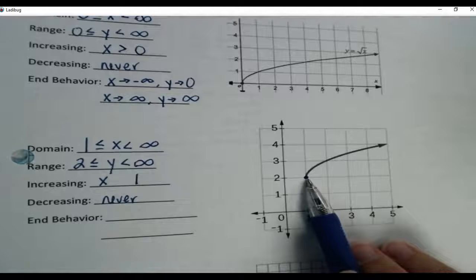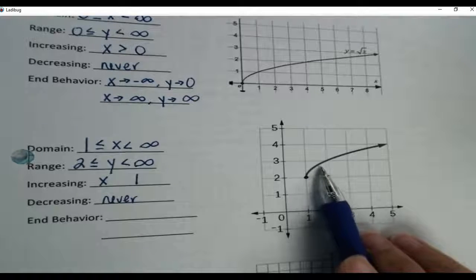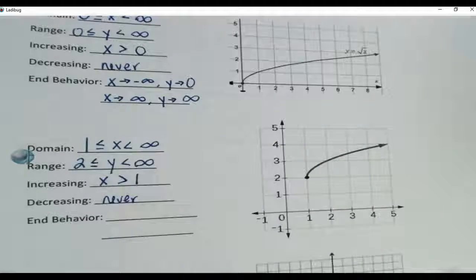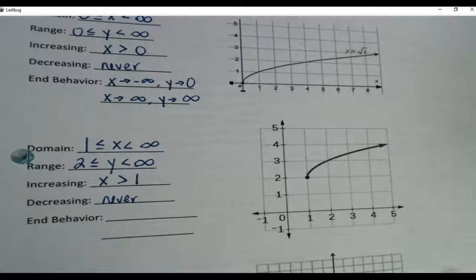So as we increase, our x is greater than 1 or less than 1? Greater than. Good. Any question about those things?